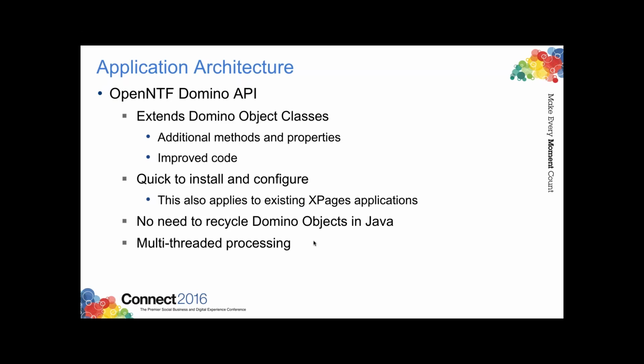And it's quick to install and configure, and whether it's a new application or an existing XPages application, there's very little that you need to modify in order to incorporate the OpenNTF Domino API into your design.